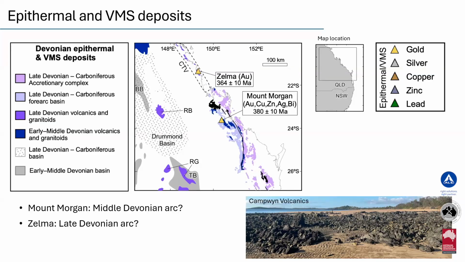So if so, then it's a late Devonian VMS deposit. However, it could be a younger deposit, maybe even a Cretaceous deposit. There's a lot of Cretaceous granitoids in the area, so maybe the older rocks were mineralized. I kept it as tentative, as a Devonian deposit.